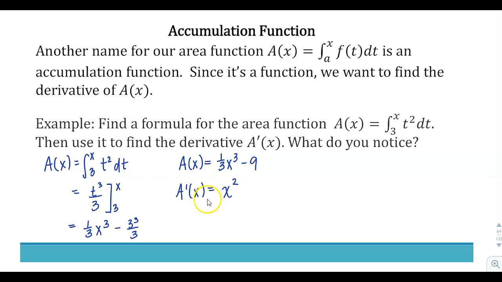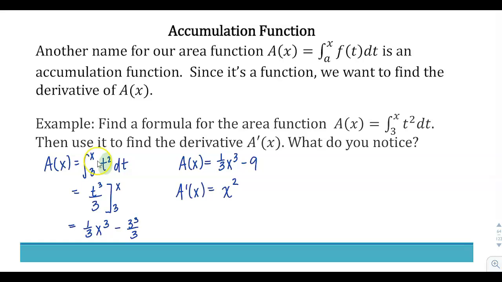So we found the derivative, and now we want to see, well, what do we notice? If we take a look at our original area function here, our accumulation function written as a definite integral, the integrand was t squared.